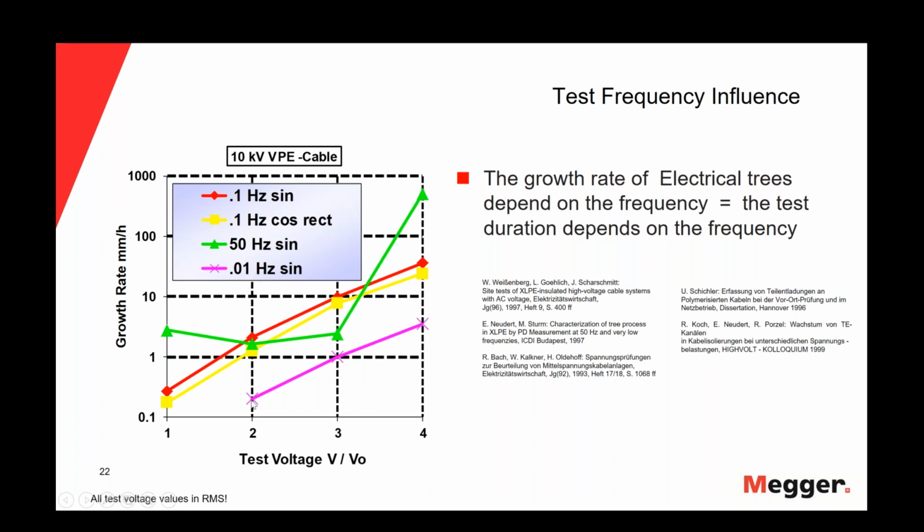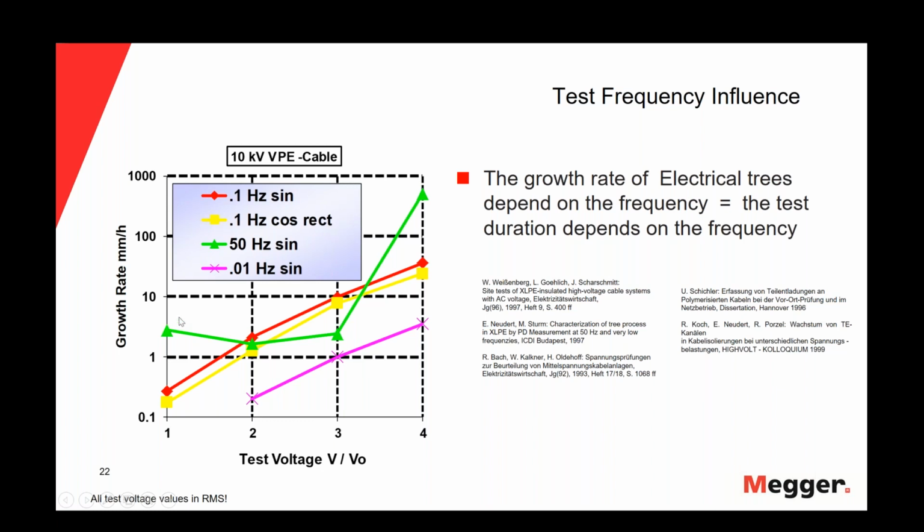You can see here in the purple or pink graph that if we apply the same voltage, 3 times the test voltage, the growth rate will decrease to 1, which means that if we decrease the frequency, we decrease the growth rate of the electrical trees, and that means that we need to increase by 10 the test time of our test.